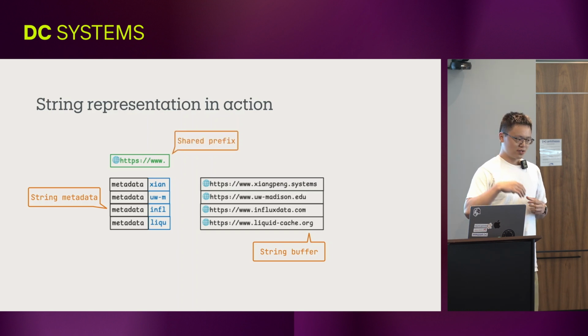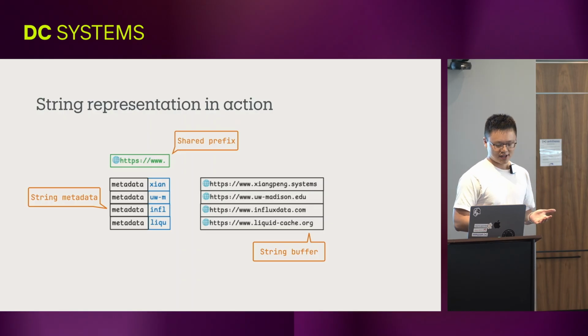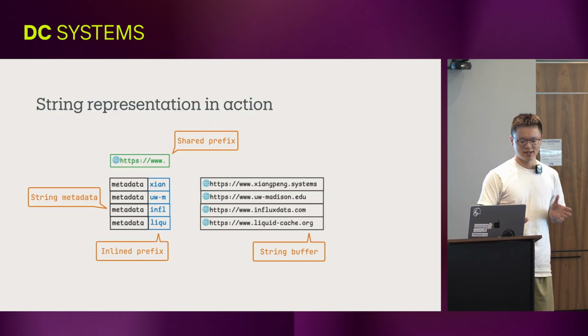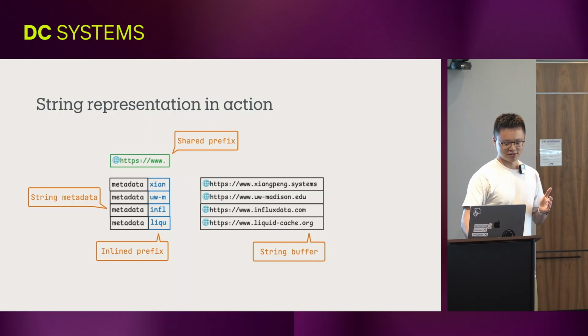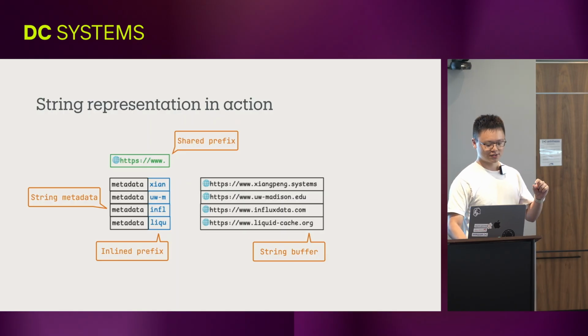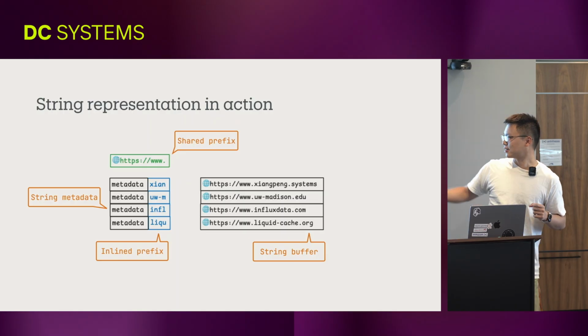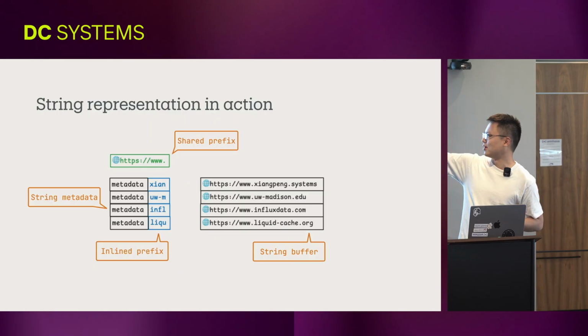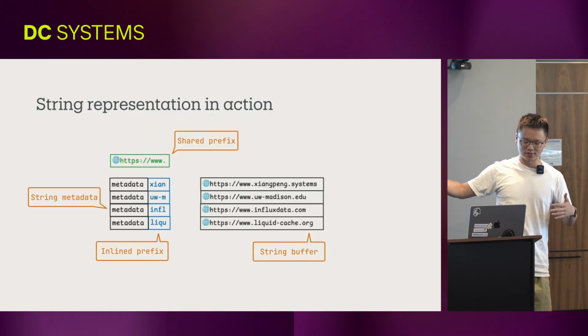Then we have this shared prefix, which helps make inline prefixes more effective, and sometimes also helps compression. And then we have this inline prefix, so for example, if we want to compare the first string and the second string here, we don't have to read the entire string to get the comparison result.